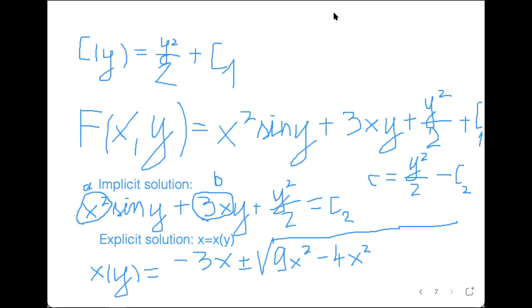Let's erase it. Okay, so the coefficient here is sine y. Let's erase this too. The coefficient of x is 3 times y, so let's erase it and make it correct.